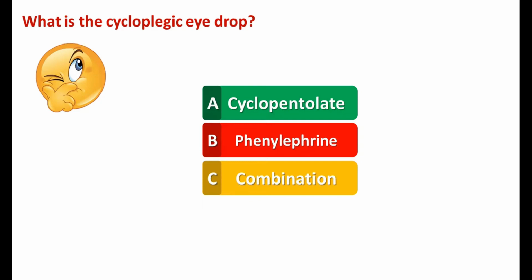But if you are asked to choose one, of course you will definitely choose only cyclopentolate, because this is the drug that will act on the ciliary muscle to relax it. Suppose you have to choose one, you choose cyclopentolate, but the best is the combined method.